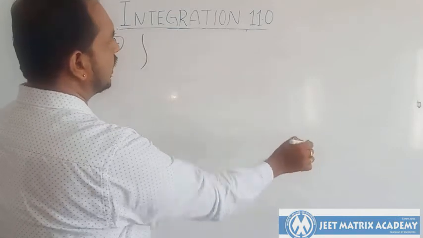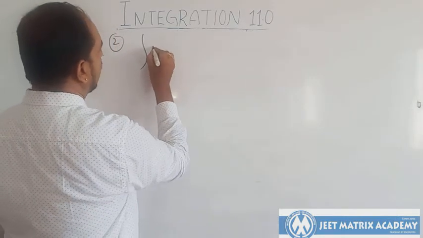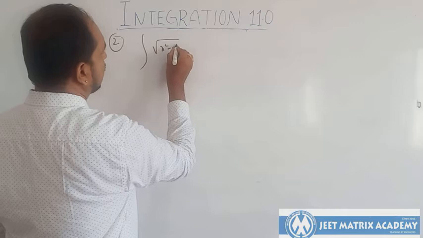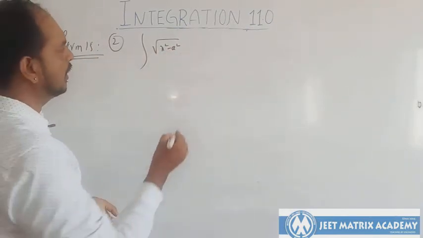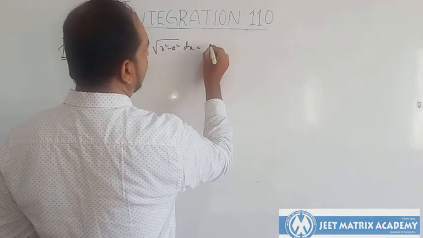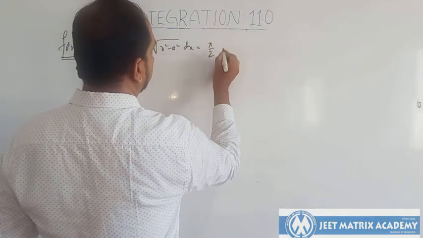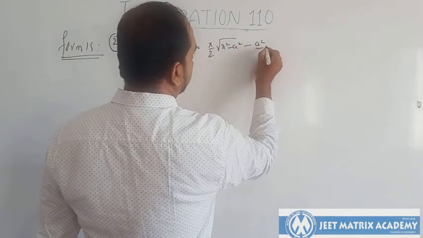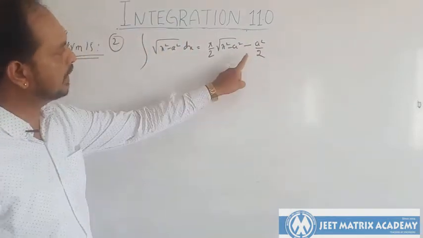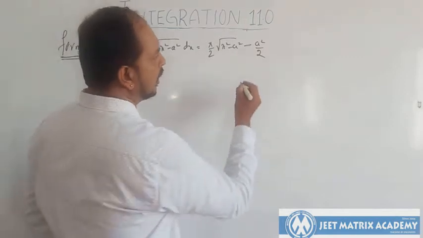One more form, that is integration of root of x square minus a square dx, the previous one was a square minus x square. That will be equal to x by 2 under root x square minus a square by 2. Previously it was plus a square by 2.